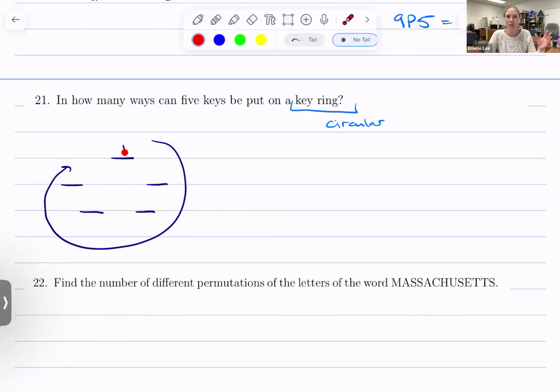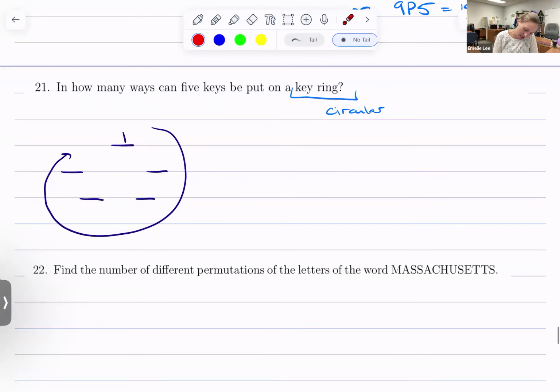So there's one choice, one placeholder, and then we can start to pick up. Because if I am turning these configurations, that's not a change to the order. And so that's what we're forcing here. I have 5 keys, which means that I've used 1 as my starting point, which means I have 4, and then 3, and then 2, and then 1.